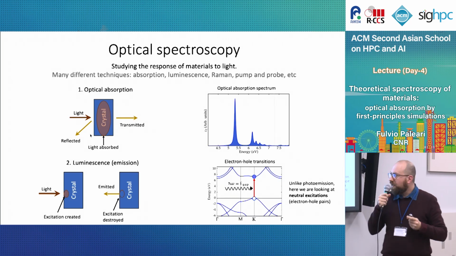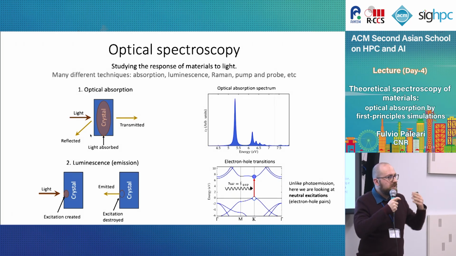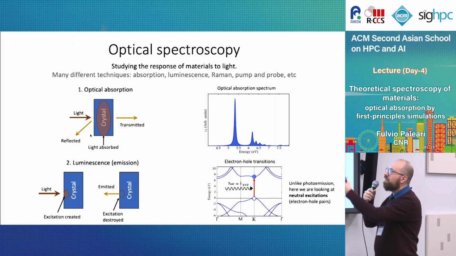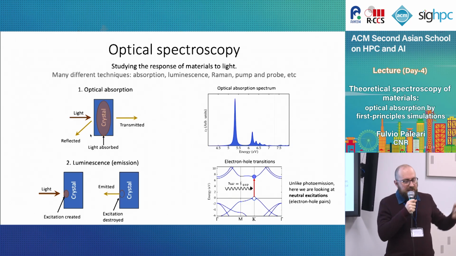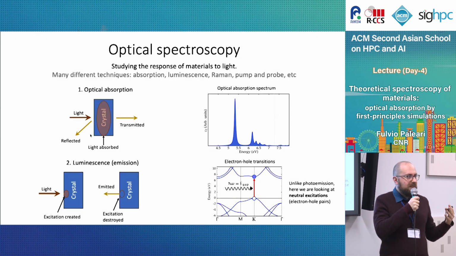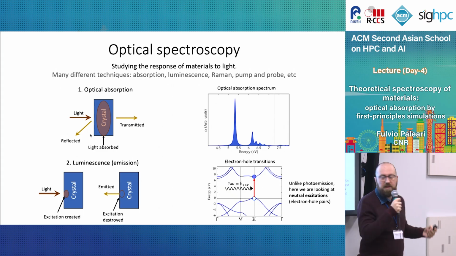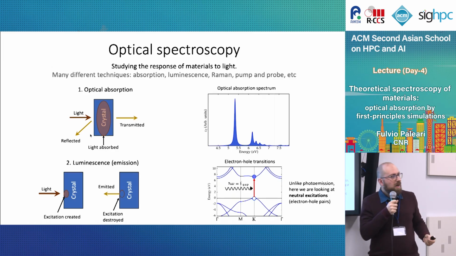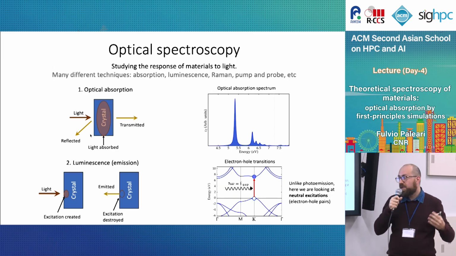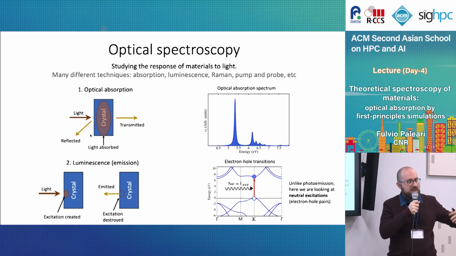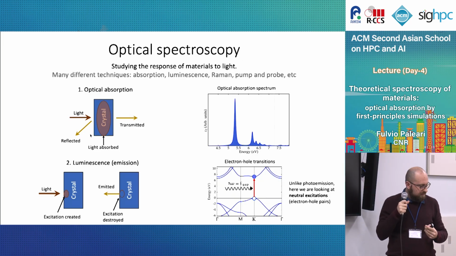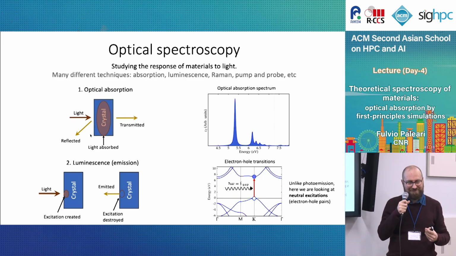Okay, but what is the microscopic origin of this? What gives the details of this absorption spectrum? As Daniele explained before, we have to consider the crystal structure of the system, how the electrons are organized, and their energy landscape. This is a band structure, an electronic band structure that gives you the dispersion of the electronic energies in reciprocal space.